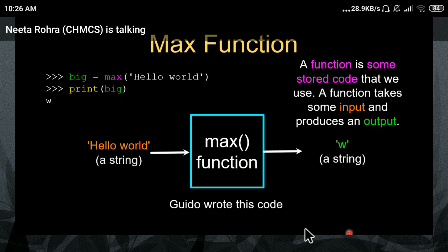So this is what I was talking about. Hello world is an input to a string. This is your black box. Here the code, the body, the steps of execution for calculating the max function is written, or this could be your defined function. So this box is nothing but our black box.